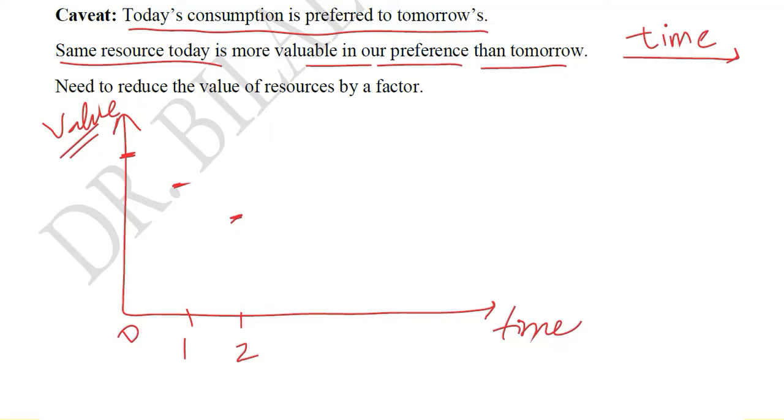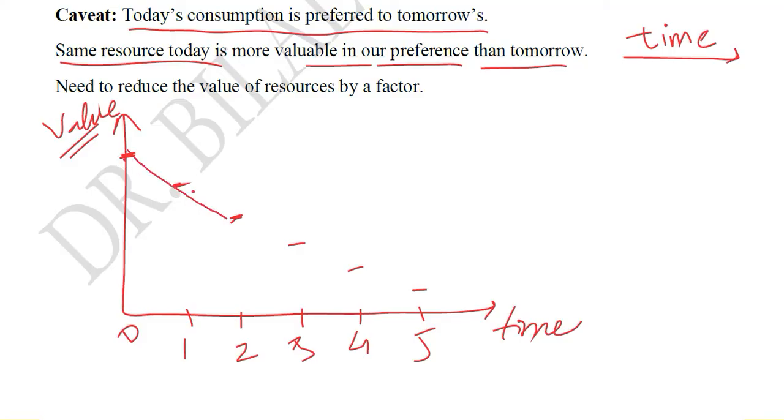we will not be as desirous as we are today, and this will happen as we go ahead in time. The more it gets delayed, the lesser will be the utility of that resource. So if we are offered this thing, we would like to have it now as compared to any other time in future.